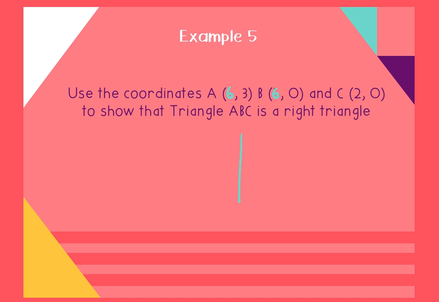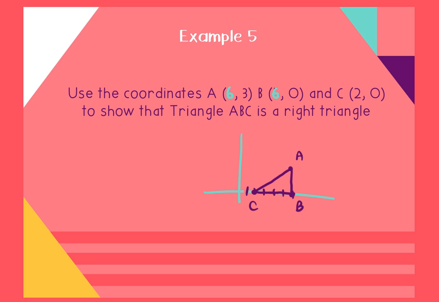So I would say, okay, 6, 3: 1, 2, 3, 4, 5, 6, then 1, 2, 3, that's A. 6, 0 is B. And 2, 0 is C. And here's the triangle I'm trying to prove is a right triangle. First of all, it should appear to be right. Otherwise, the whole thing is wrong.